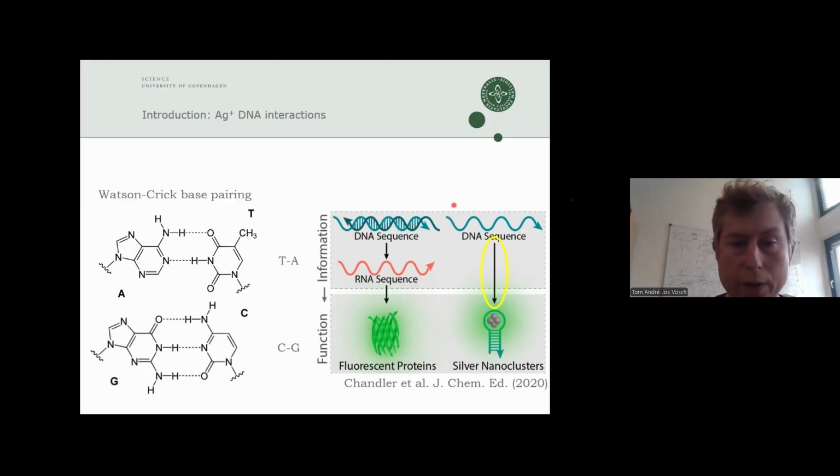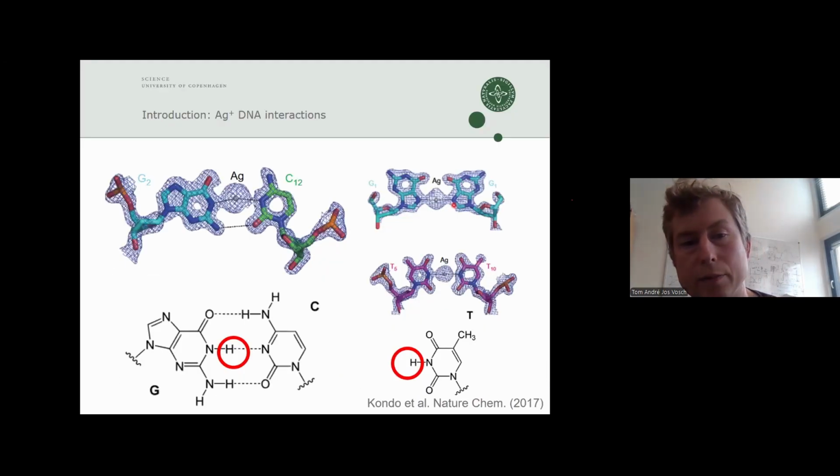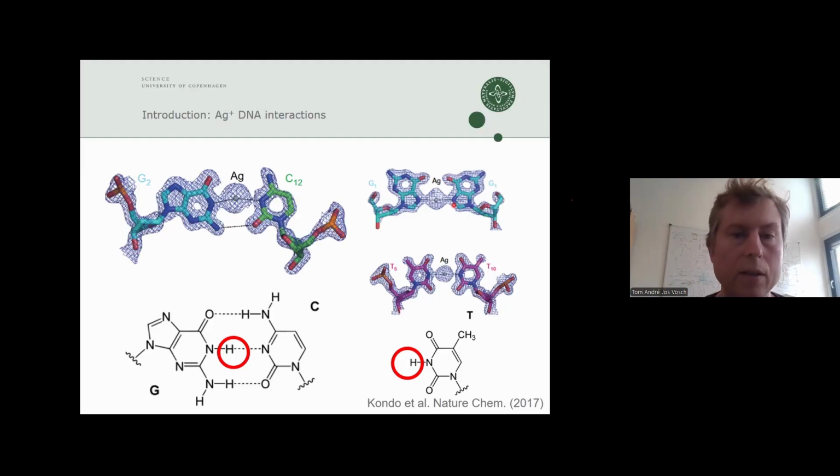Now, the first thing to know is that silver really likes to bind to DNA, and it can, as shown here, even disrupt the classical Watson-Crick base pair interactions. Here you can see an example from my collaborator Jiro Kondo, who has published this nice study where you can see that the silver can, for example, remove the proton here and take over its place and make a silver-mediated base pair interaction.